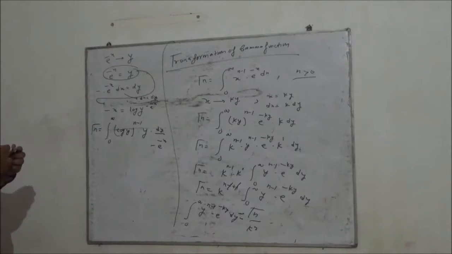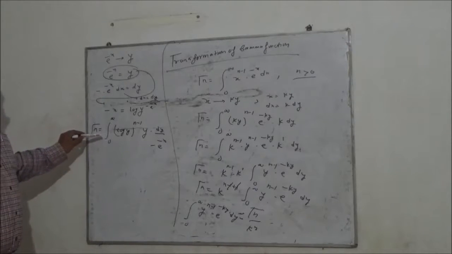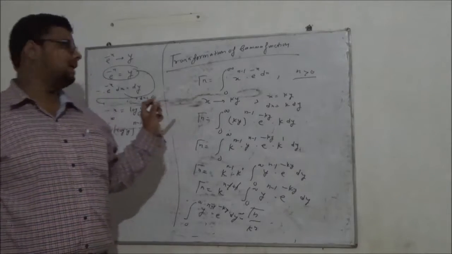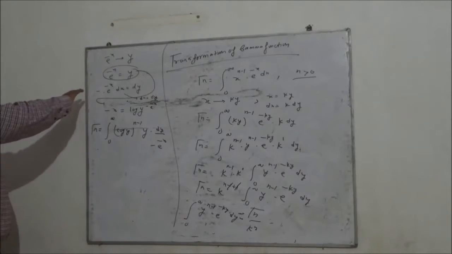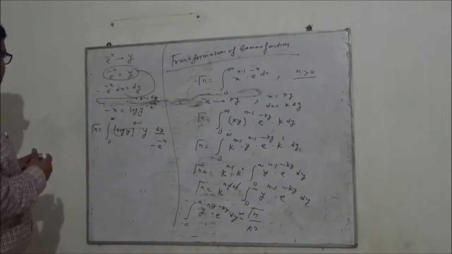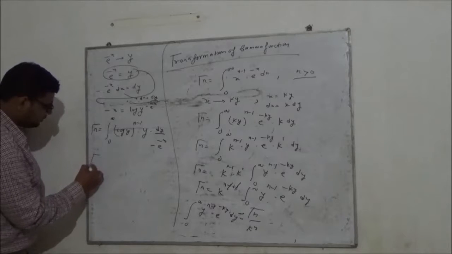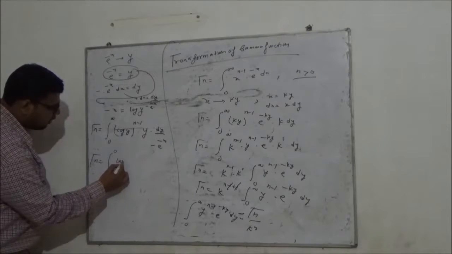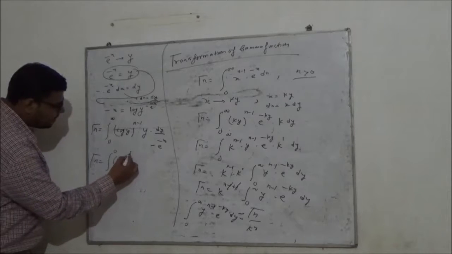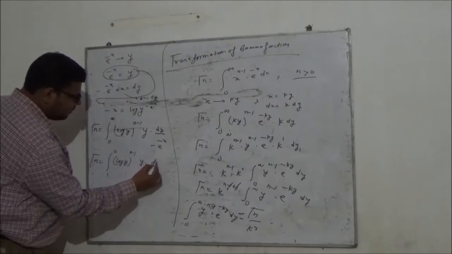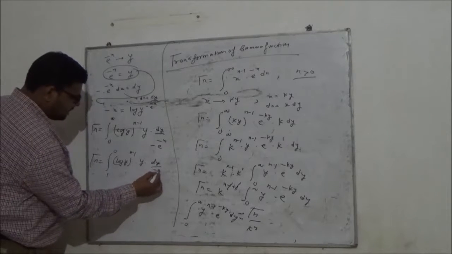You can see that the limit will also change here. The starting limit of the gamma function is from 0 to infinity. When I replace e power minus x by y, my limit will change from 1 to 0. So gamma n will become integration from 1 to 0 (log y) power n minus 1 dot y dy upon minus e power minus x.